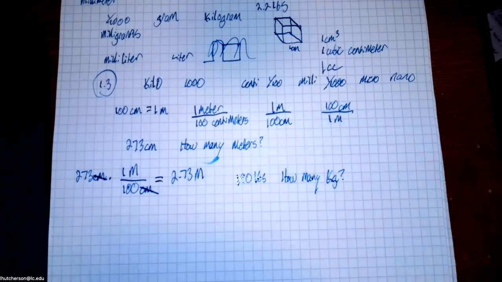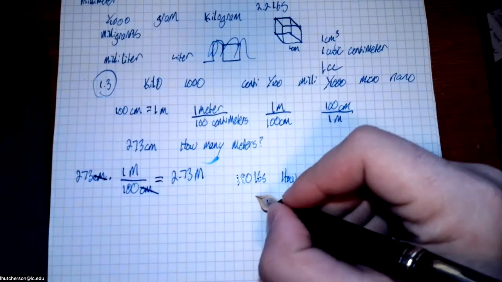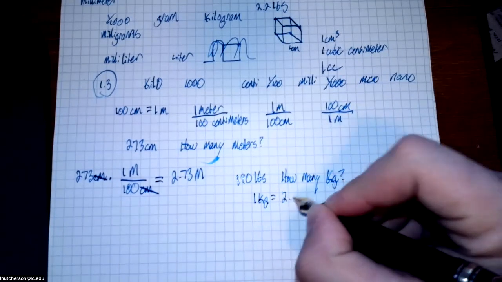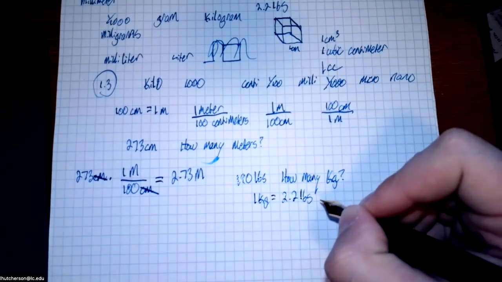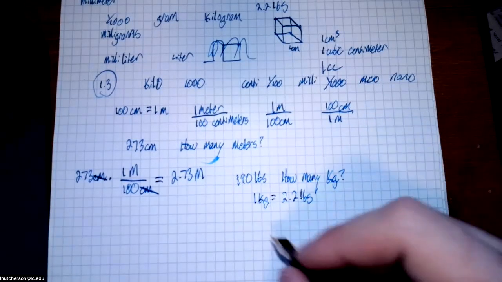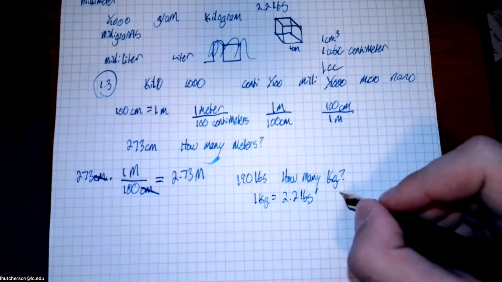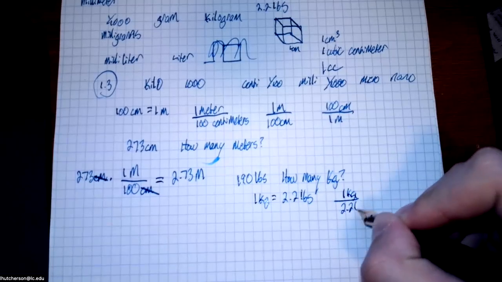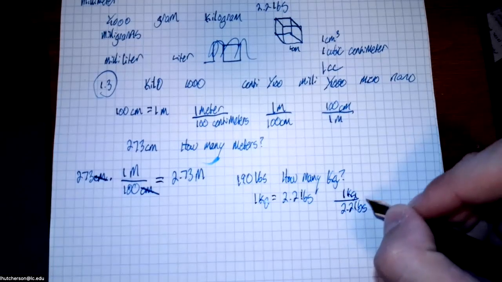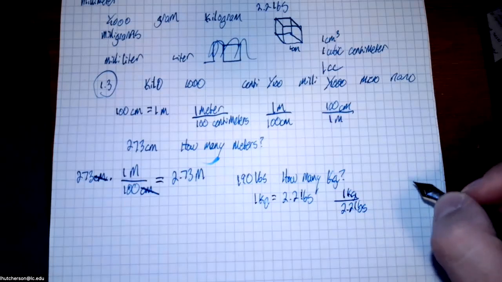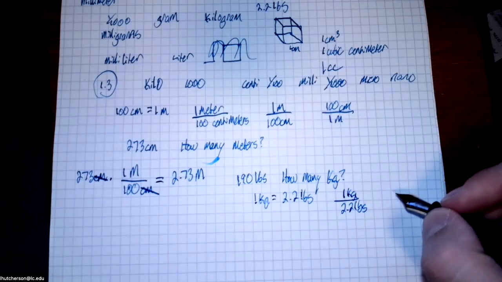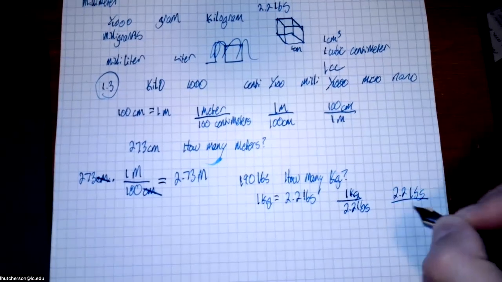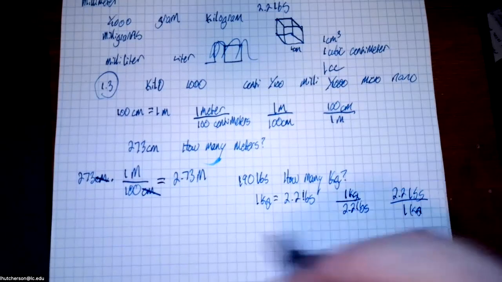It will be provided to you, but we know that 1 kilogram is equal to 2.2 pounds. So from that, I can write 1 kg over 2.2 pounds. LBS, of course, is our abbreviation for pounds. Or I can write 2.2 pounds over 1 kg.